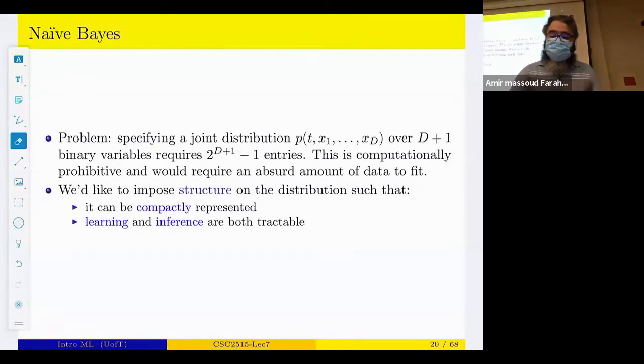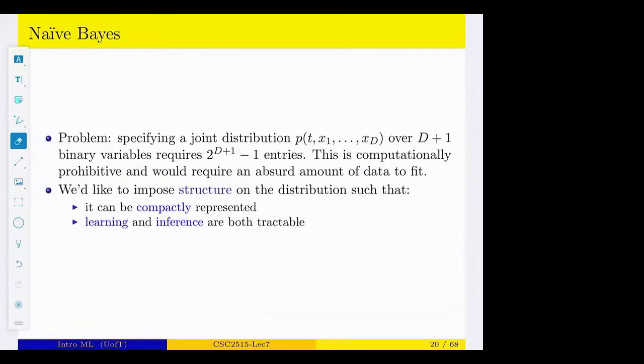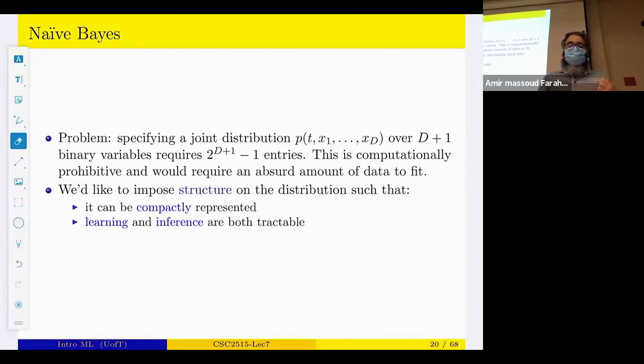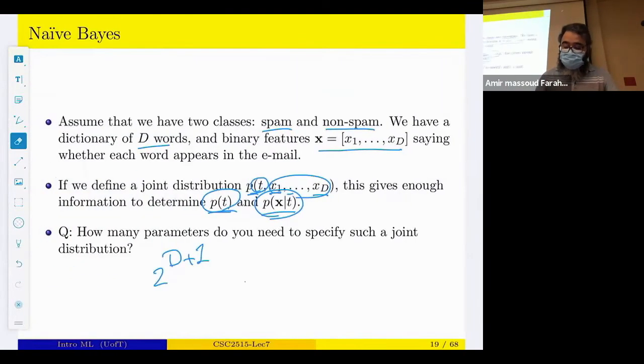So in order to represent a distribution, we need to use some parameters to basically record the values that the distribution can take. It's a probability mass function.